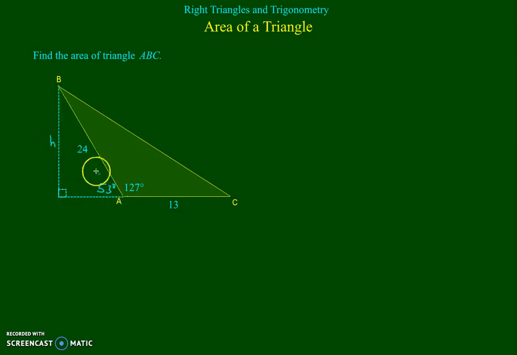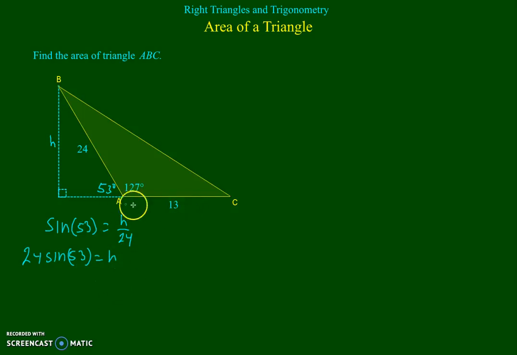We can use basic sine, cosine, and tangent functions to find the length of this side. SOH CAH TOA would give us that length. So sine of 53 equals opposite over hypotenuse, h over 24. So 24 sine 53 equals h.